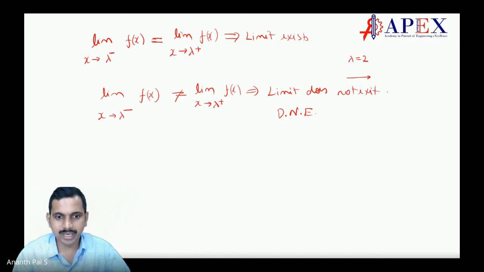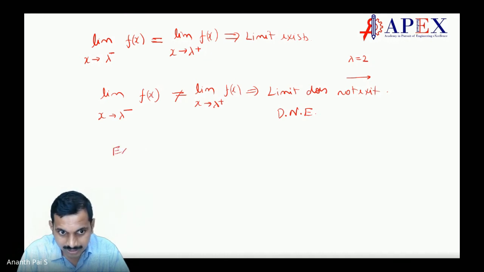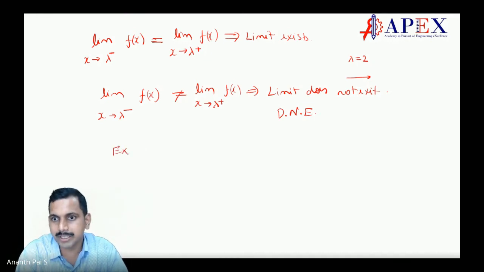We have seen where the limit exists. Example for limit exists, which we have taken already, is x square minus 4 divided by x minus 2. And we take the limit of this.